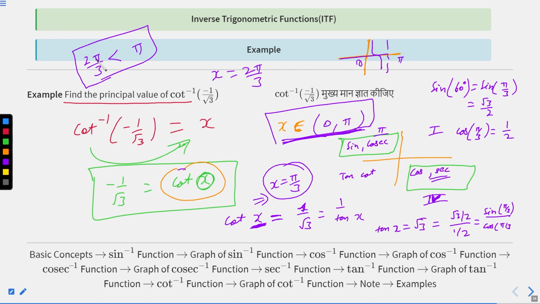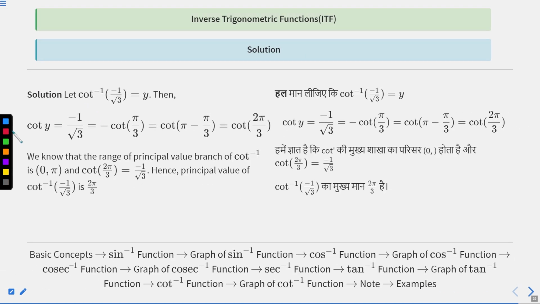As you can see, what we did: we first took cot inverse of minus 1 by root 3 is equal to y, and then we took the cot to the right hand side, then we wrote it like this, which can further be rewritten as 1 by root 3 is equal to minus cot y.